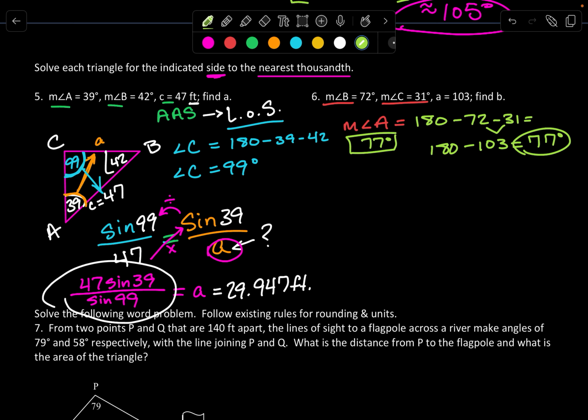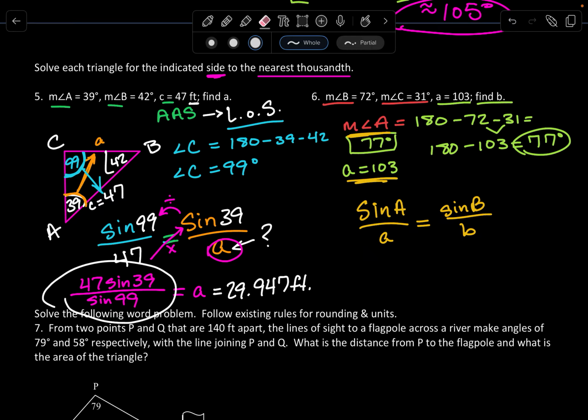Now, they also give me side A, which is 103. And they want me to find side B. So, using the side angle combo that I have, which is A, I need to find what I don't know, which is B. At this stage, I would plug in what I know.